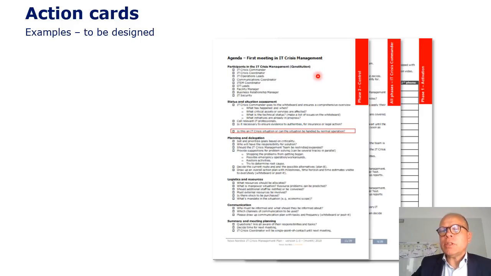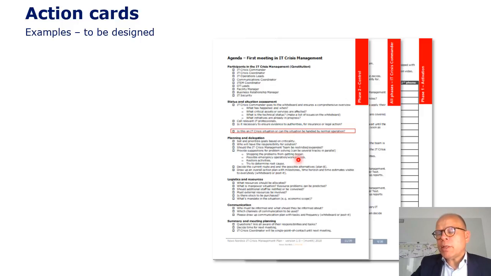So for each phase there's an agenda, and the purpose of having a fixed agenda is again predictability. So everybody knows that these are the items, the points you'll go through, and you don't skip things, because you may have someone in your team waiting for that point to appear because they have important input on that point.